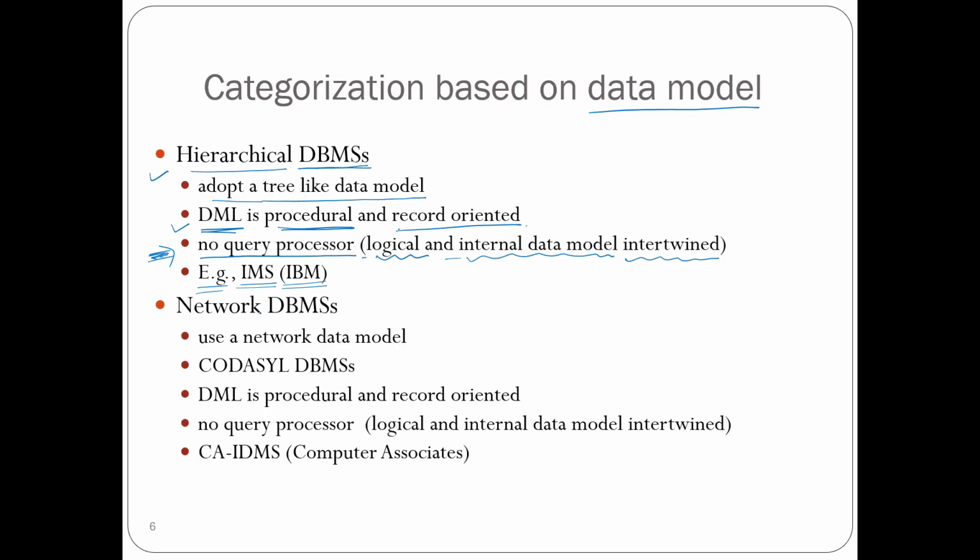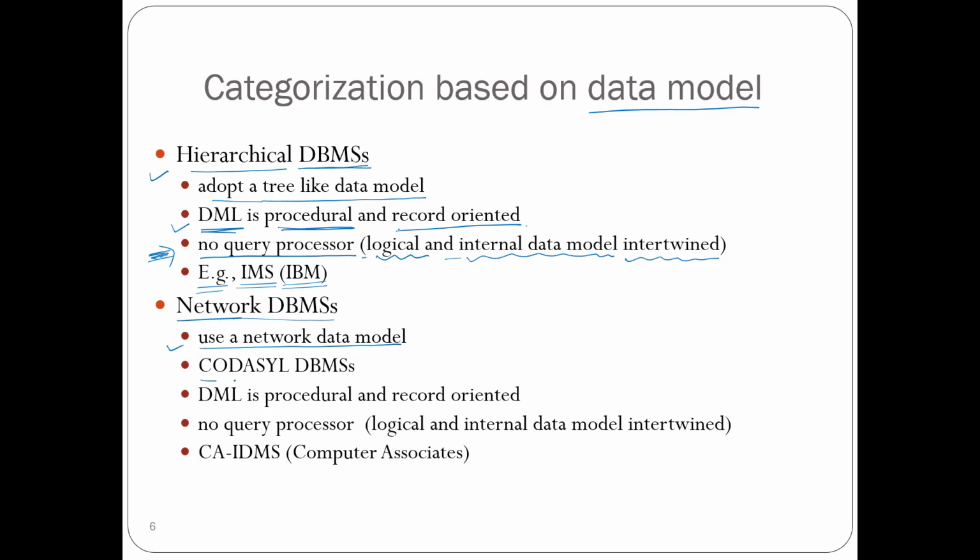Now let's look at a different kind of DBMS, which is based on the network data model. The DBMS based on the network data model are called network DBMS. It uses a network data model.